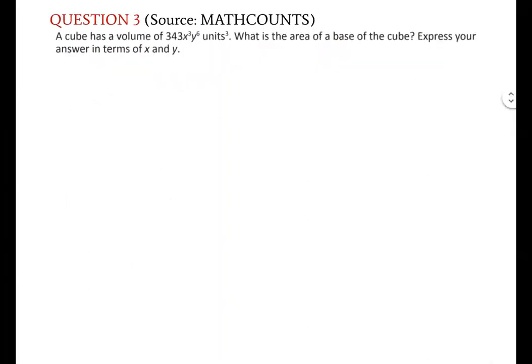All right, question 3. Okay, so basically, first of all, you have to find the side length of the cube. So since the volume of a cube is just x cubed, if x is your side, then you can find the side length of the cube by taking the cube root of the volume, which is given to you.